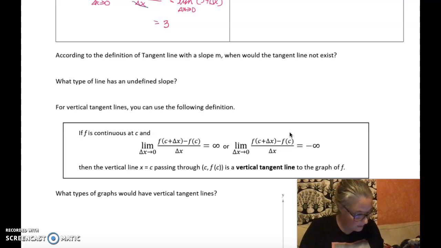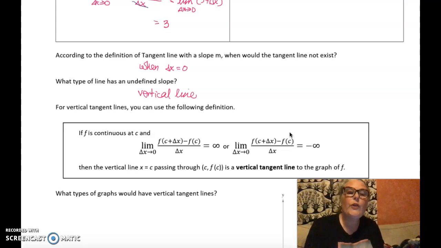So this happens when delta x is equal to 0, because it's in the denominator. And what type of line has undefined slopes? Vertical lines. For vertical lines, by the way, it's undefined because it's infinitely steep. So that means you have some form of infinity when you have vertical lines like that.